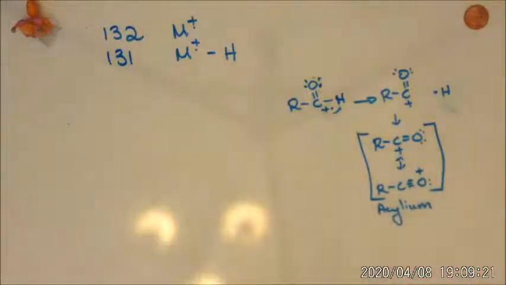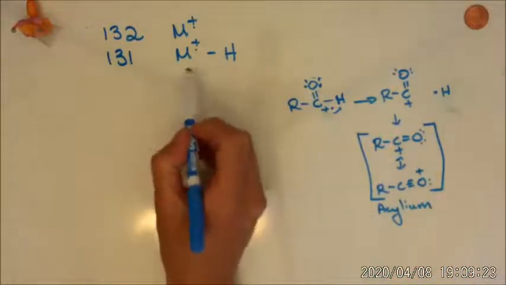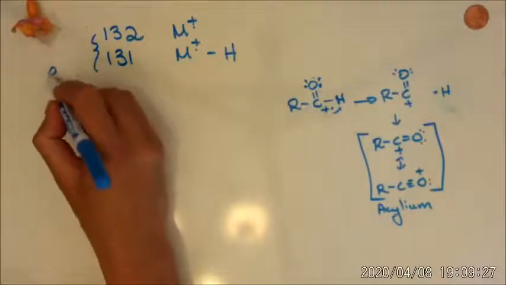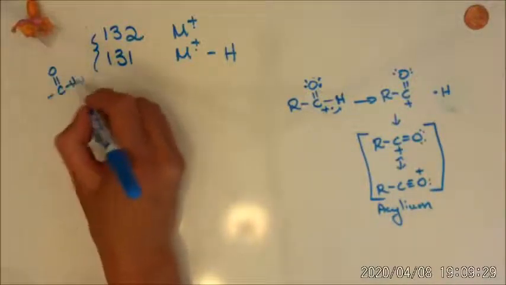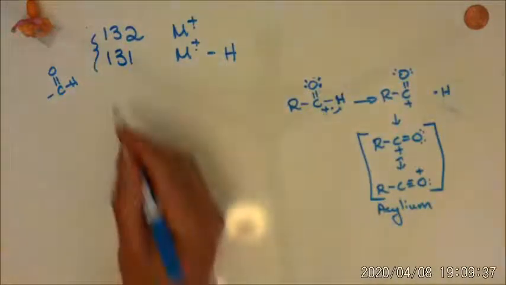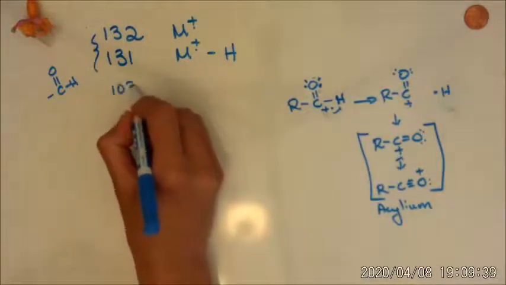Okay, so from the mass spec, there's an indication here that we may have an aldehyde group. And what we're going to do is we're going to look at the IR to confirm this. Okay, so what's the next peak? The next peak is at 103.